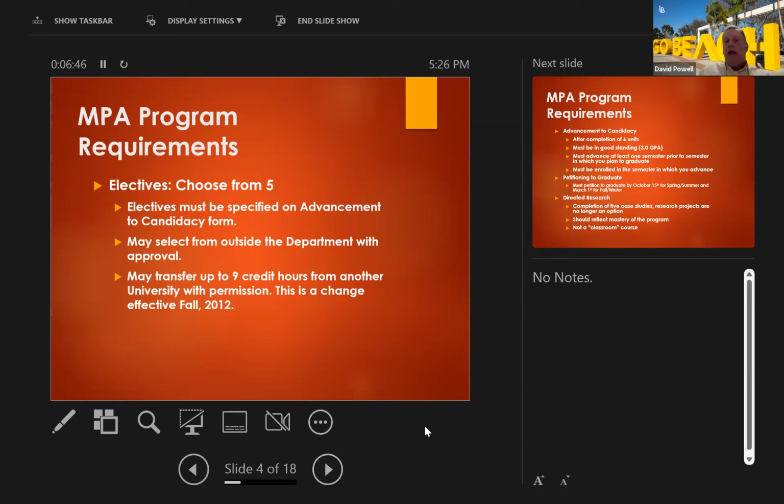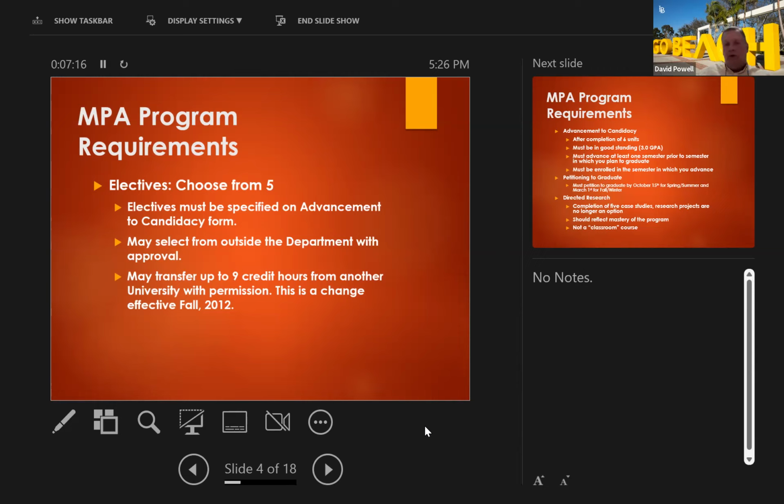If you have taken graduate coursework elsewhere, so sometimes we have people who will transfer from one MPA program into our MPA program, you are allowed to transfer in up to 9 units from your previous program into our program. Those 9 units, those 3 classes, will transfer in as electives. All of the core courses must be taken in residency in our program, but the transfer courses will come in as electives.